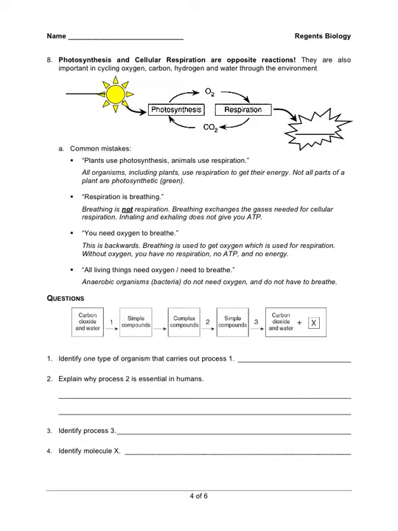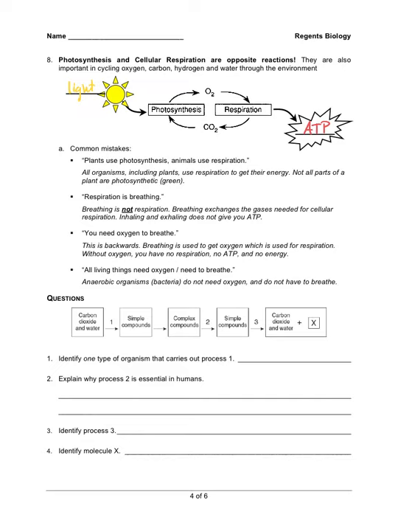Respiration produces ATP and releases carbon dioxide as a waste product, and then plants can use light energy from the sun to take that carbon dioxide and convert it back into sugars and release oxygen. So these two processes produce a cycle that circulates organic molecules through the ecosystem.